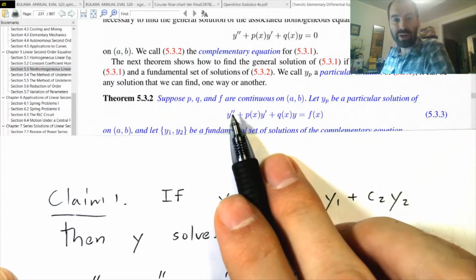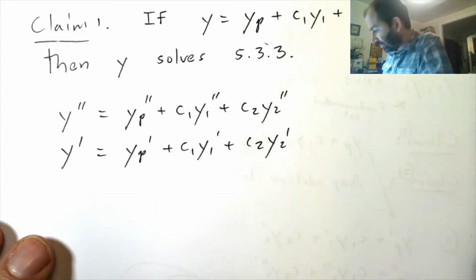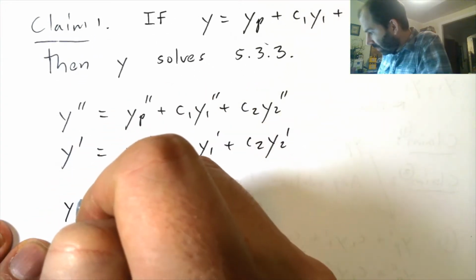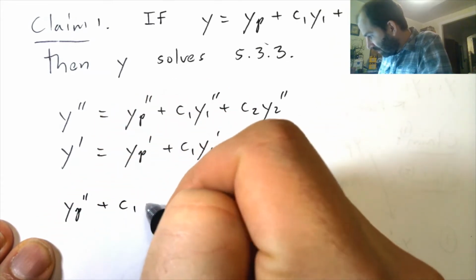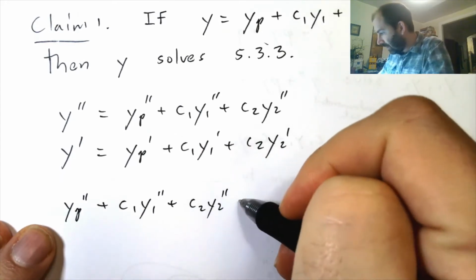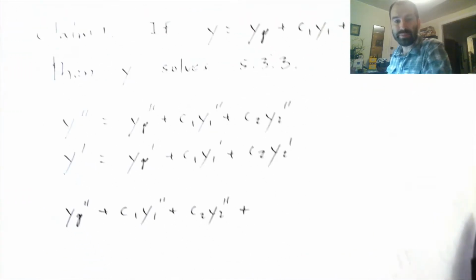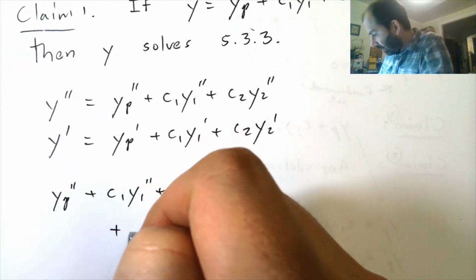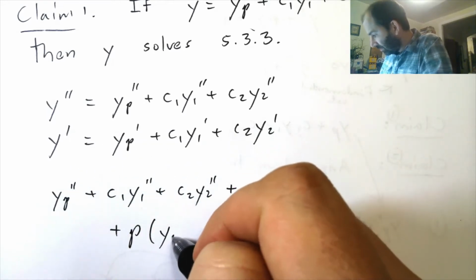So I'm going to have y double prime, that's this stuff. Y double prime is going to be yp double prime plus c1 y1 double prime plus c2 y2 double prime. Plus p times y prime, that's this.